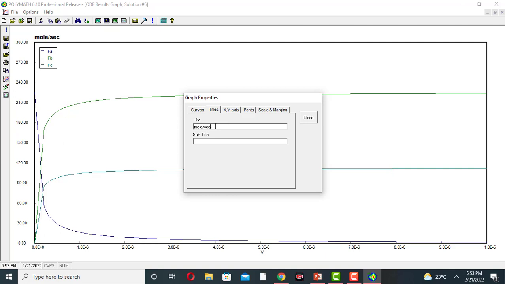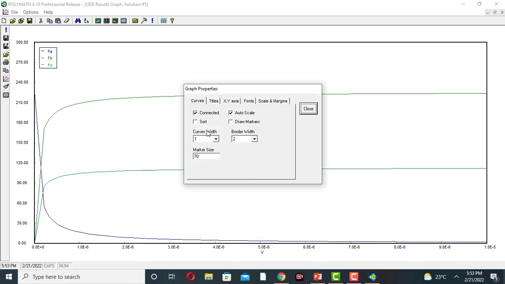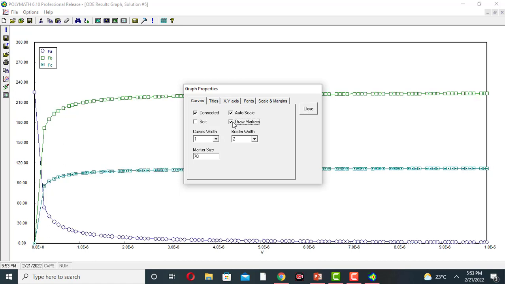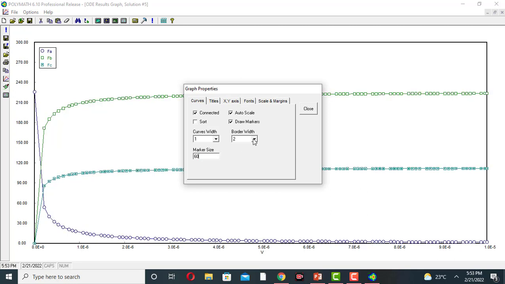You can write anything. This is the design, marker, and this is the size. You can change the marker scale, increase or decrease; 60 is correct.